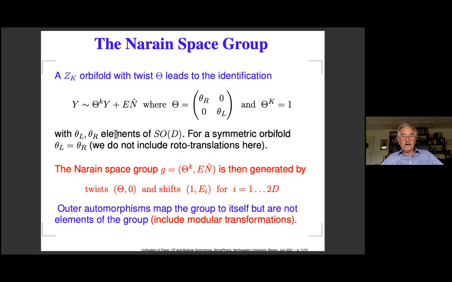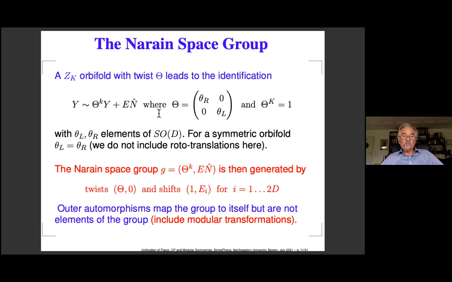Theta L and R are now elements of SO(2,D). And we choose a symmetric orbifold, which has theta L equal to theta R for simplicity. And we also do not include off-diagonal elements, which would correspond to so-called rotor translation. The Narain space group is then given by theta to the k, by the twists and the shifts.